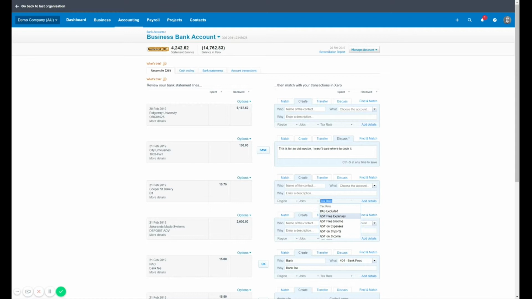Those purchases do not have GST on them because you're being charged by an international company that isn't under our GST legislation. Now, another example of GST-free might be basic foods. If you're in the restaurant industry, most basic foods that you buy will not have GST on them. Bank fees, so your monthly account fees, your interest charges, they're not going to have GST on them.